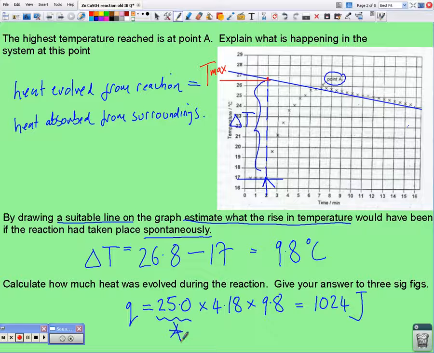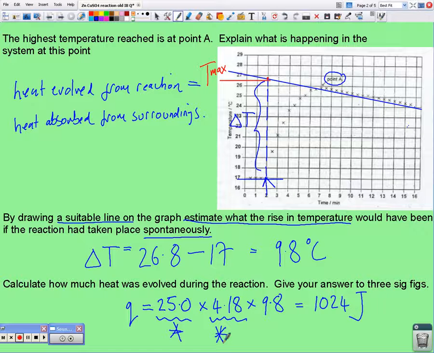That's an assumption because it's not pure water. I've also made an assumption that the specific heat capacity of the mixture is the same as that of water, 4.18. Of course it's not. The mixture had some metal in it, and there was a thermometer in it, probably absorbing, sorry, not absorbing water, more absorbing heat. So we've got some big assumptions made here about density and specific heat capacity.